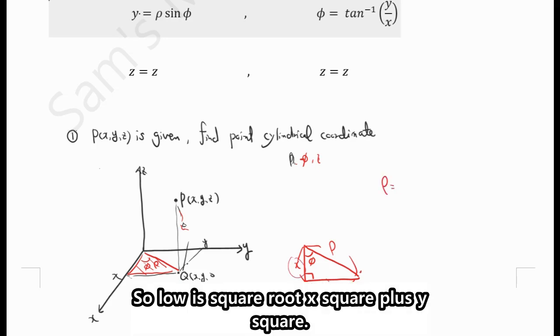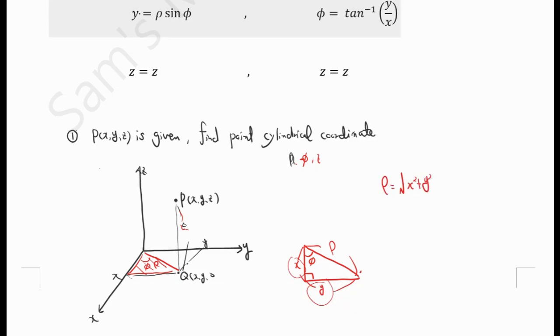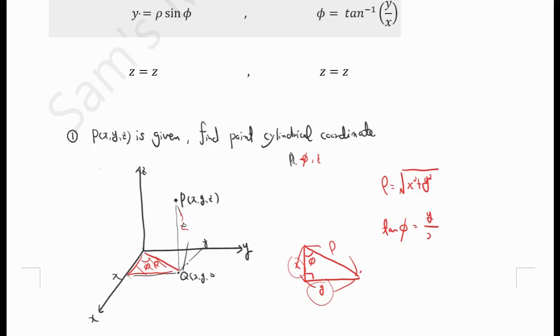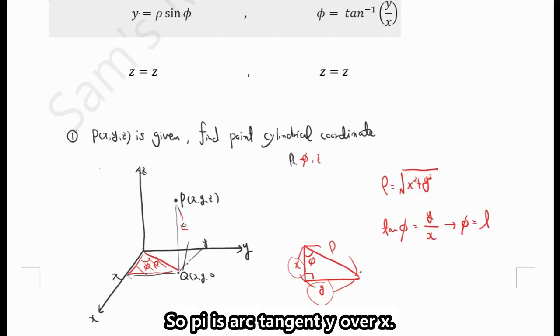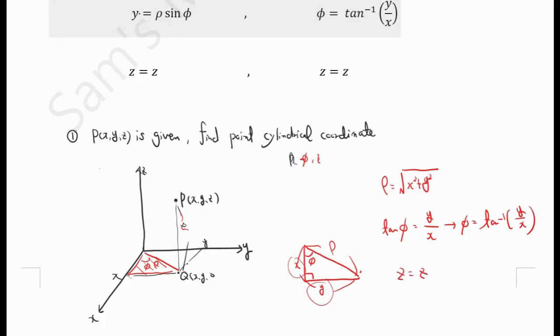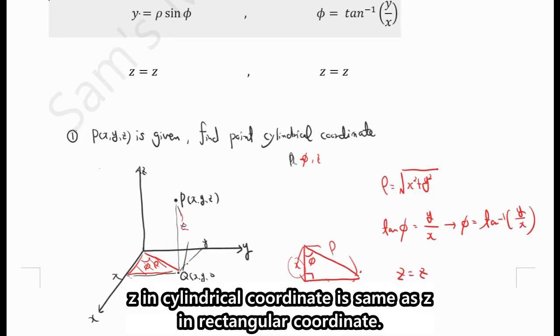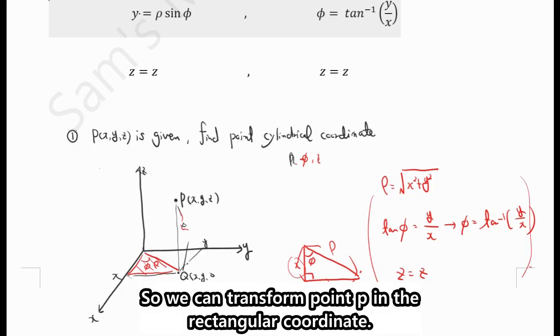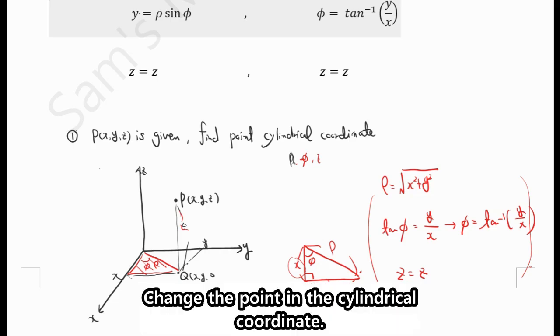So rho is the square root of x squared plus y squared, and tangent phi is y over x, so phi is arctangent of y over x. z equals z, right? z in cylindrical coordinates is the same as z in rectangular coordinates. So we can transform point P in rectangular coordinates to a point in cylindrical coordinates.